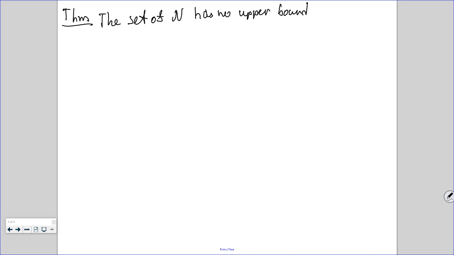I will prove this one so you will have some intuition for how to write this kind of proof. The proof is by contradiction. Suppose by contradiction that N does have an upper bound.